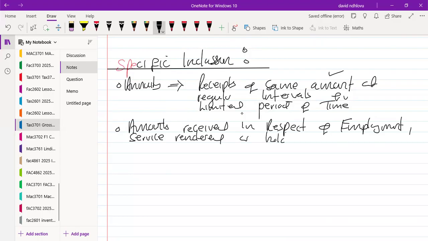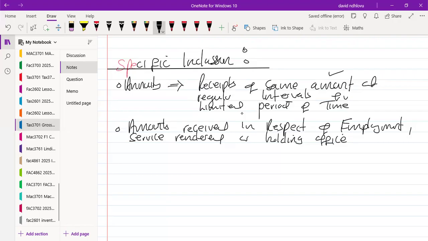So this covers both individuals and corporate tax. Any amount that you receive in respect of providing employment or rendering a service. For example, I am teaching now, I'm providing a service. It doesn't matter in what form and shape the money came in. It is included in gross income.